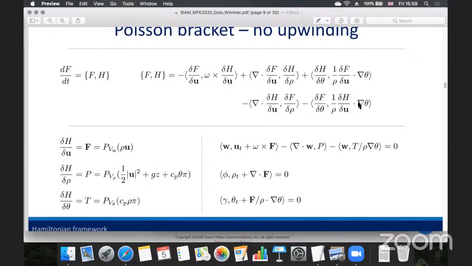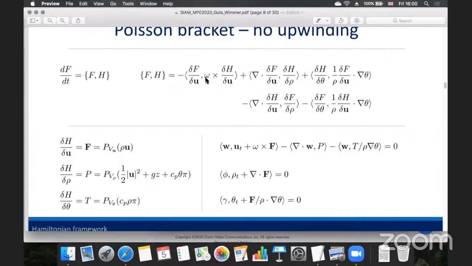So I'm working on a three-dimensional case at the moment. And here my focus is on this vector invariant form, because essentially we haven't really found a satisfactory vector invariant advection scheme yet for these compatible finite elements. It's a bit tricky.